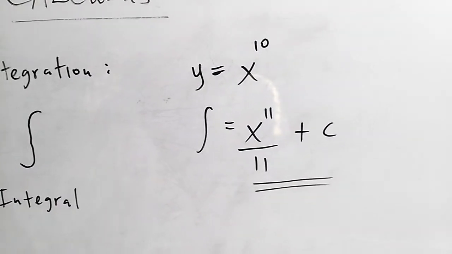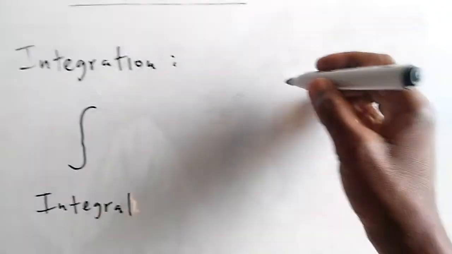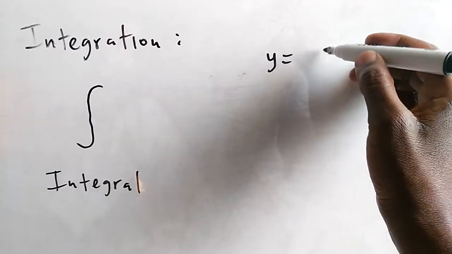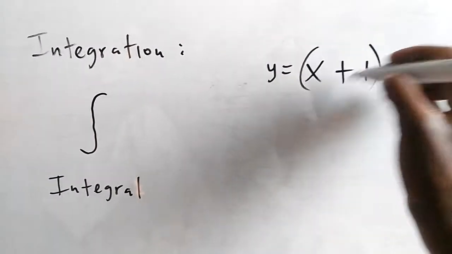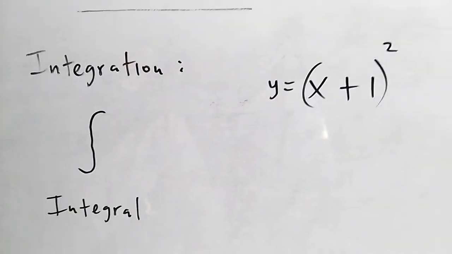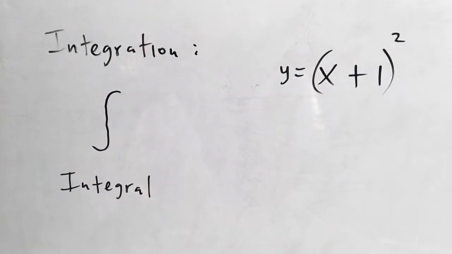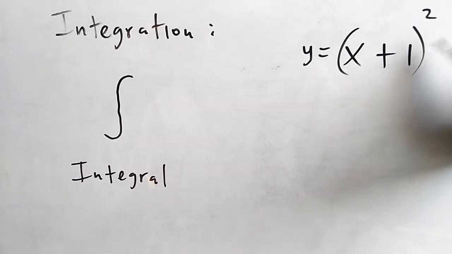Okay. What else? Another example. Suppose you have brackets. X plus 1 raised to the power of 2. Okay. So for this one, if you want, you can multiply.